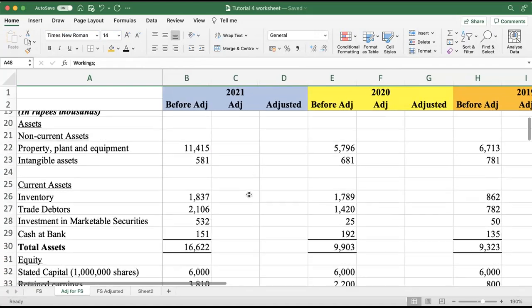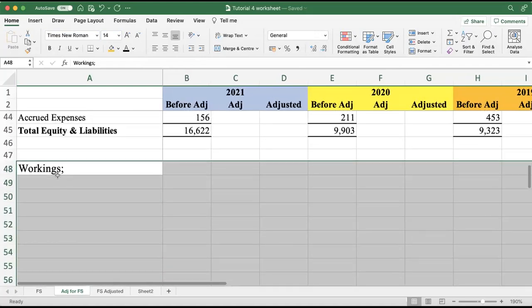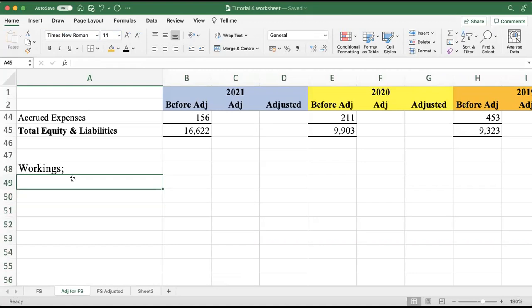Working number one, adjustment for lease.